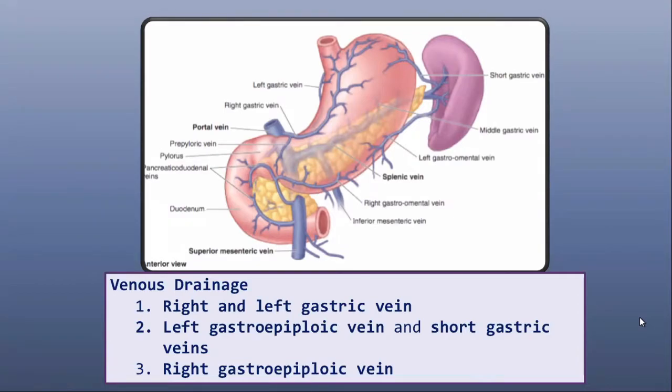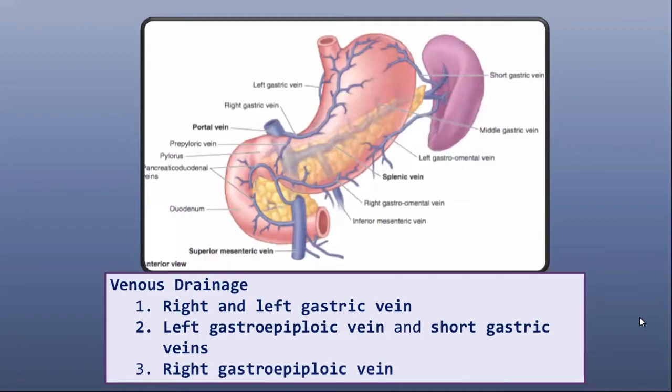Eventually, they would be draining to your portal vein. So this would be discussed more. Your portal vein is actually formed by the superior mesenteric vein and your splenic vein. This will be discussed more, I guess, in your next lecture in GIT. So I will not be discussing this in detail. Okay, so that would be the venous drainage of your stomach.